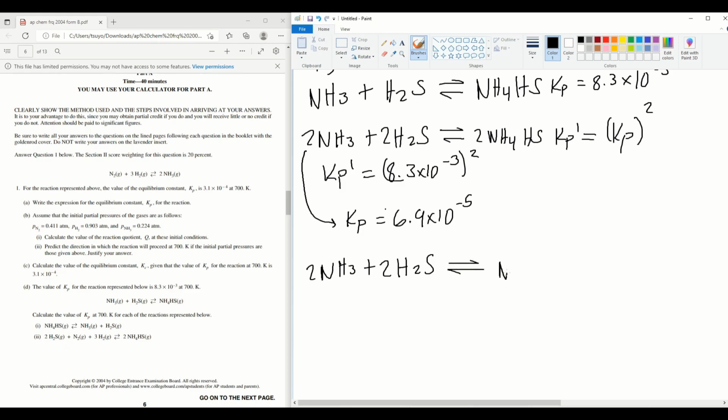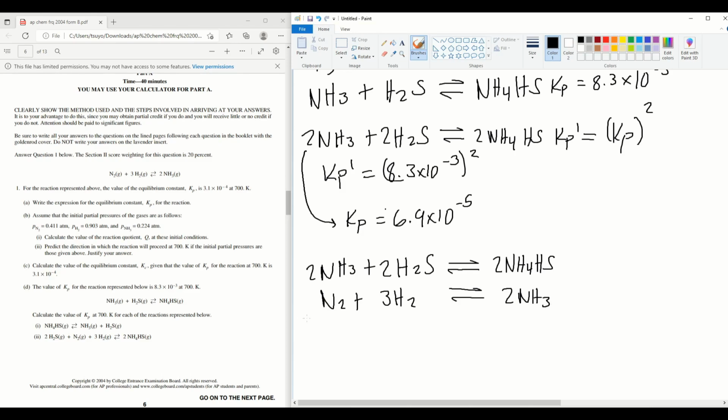It's equal to 2 NH4HS. And then we're just going to rewrite the first reaction. So that'll be N2 plus 3 H2, which gives us 2 NH3.